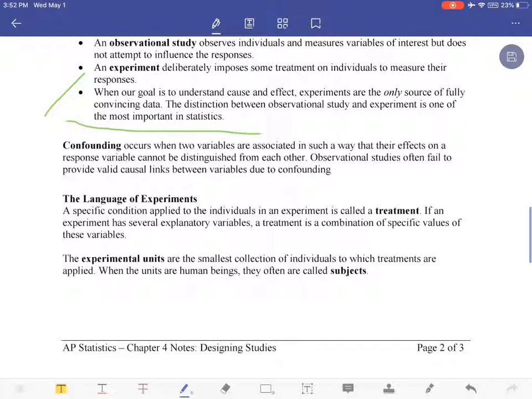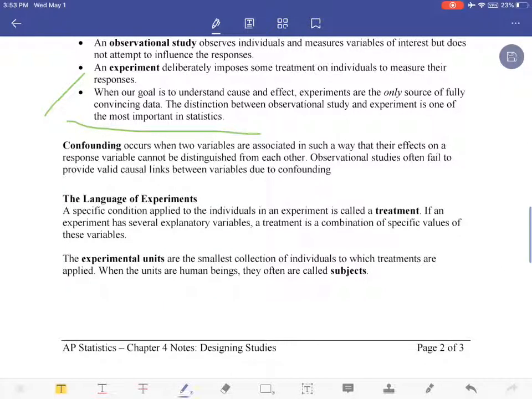So there's a lot of different variables that could come into play. So a controlled experiment is the only way that we could establish a cause and effect relationship. That does not mean that an observational study or survey is not useful, but if we want to have that pure cause and effect relationship, we need a controlled experiment.